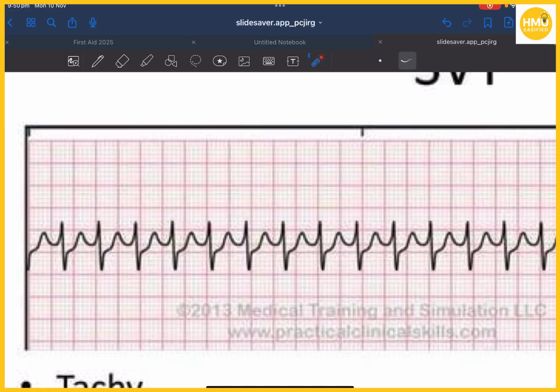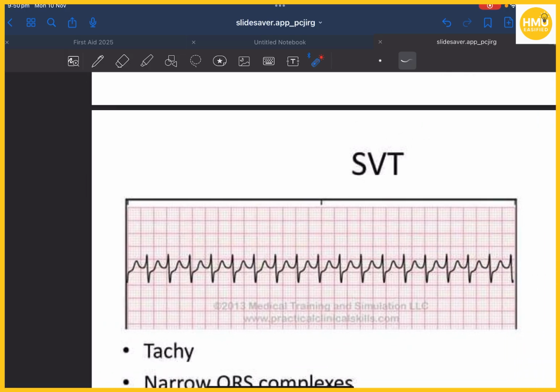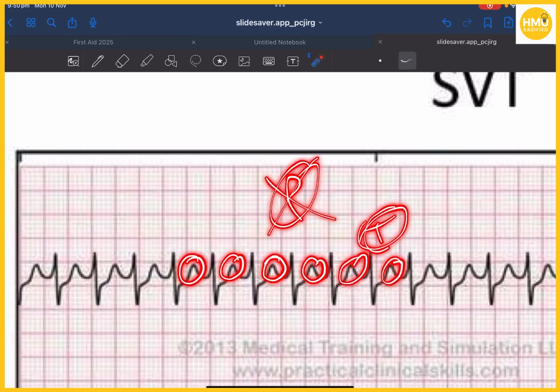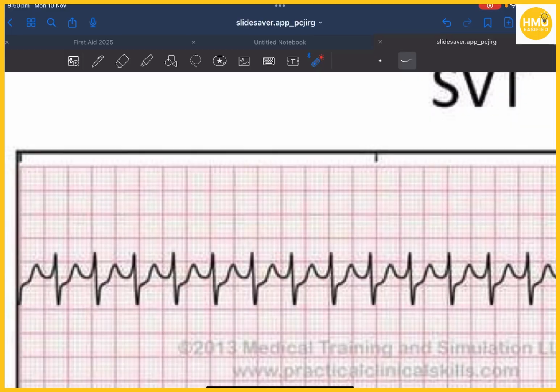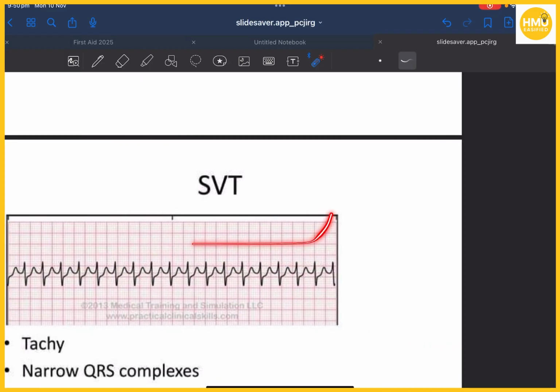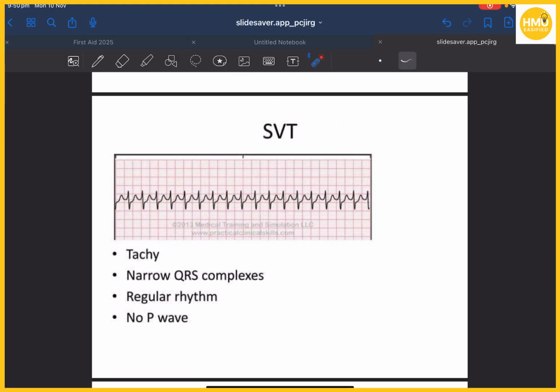But in general populations where you suspect tachyarrhythmias and you only see one dome per each beat, you can assume it's a T wave. Because P wave, it's fine to be absent, but T wave in this situation is probably never absent. So there's no P wave here. As you can see, it's a regular rhythm. That's the other one. And it's narrow, right? Narrow, it's below 3 small squares. Now, the triad here is definitely an SVT, okay?